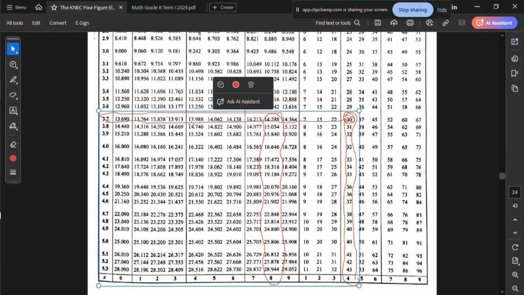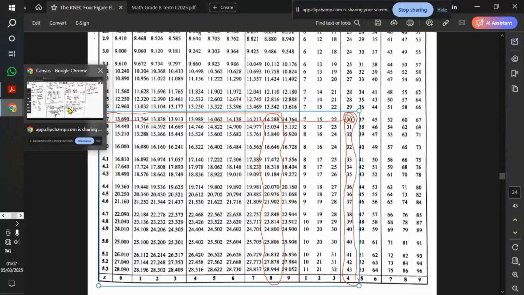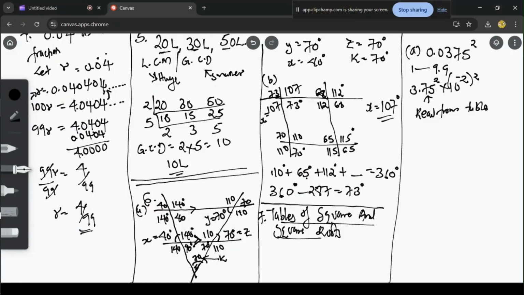So you can see the answer is 14.062. So the square of this one is 14.062.